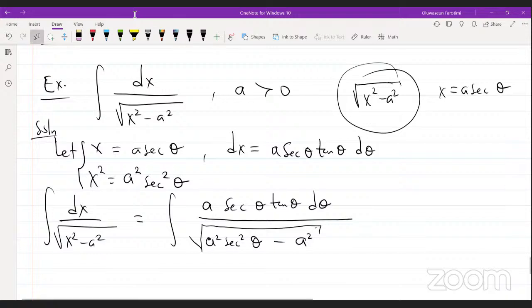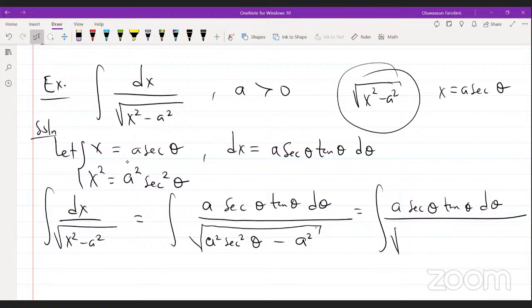Interesting, guys. So when we get to this point, what do we do, guys? Let's remember, this is just a secant theta tan theta d theta over the square root of, what is common, guys? a squared is common on the bottom, so I can factor a squared times secant squared of theta minus 1. But what do I know?